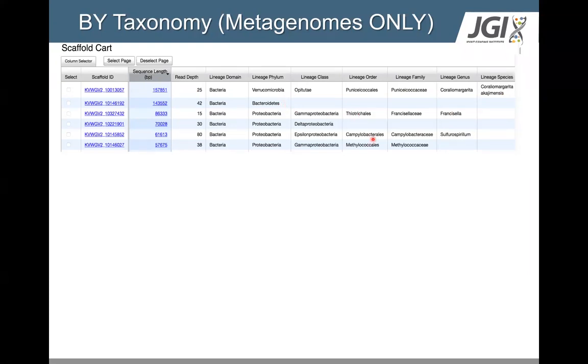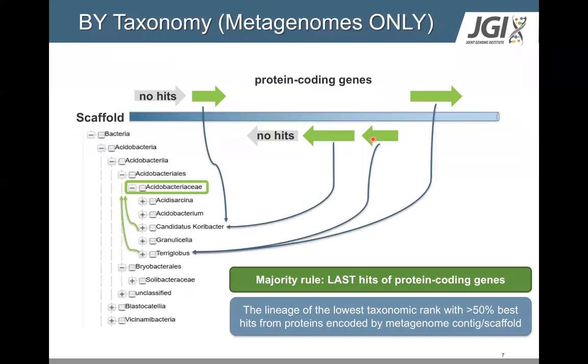The way these scaffold lineage names are assigned is based on this majority hits approach, right? So in this example, I have a scaffold that has only 6 coding sequences on it. If you look at the best hits, 2 of those have no hits, and 4 of them have hits, but they are to different genera within the same family.